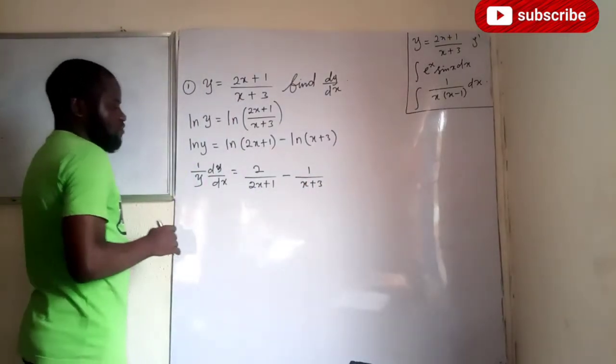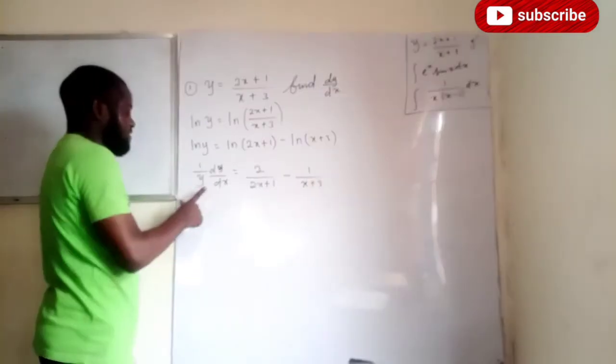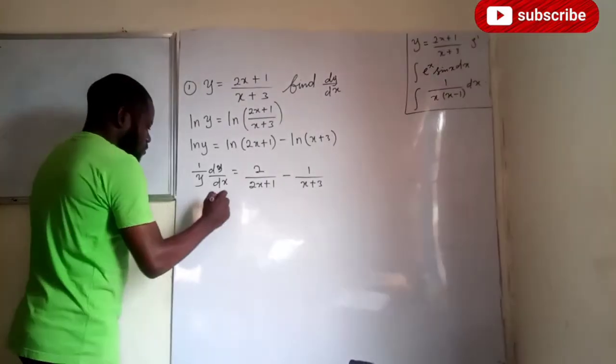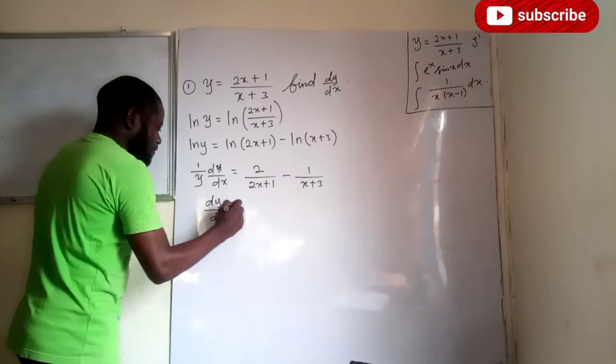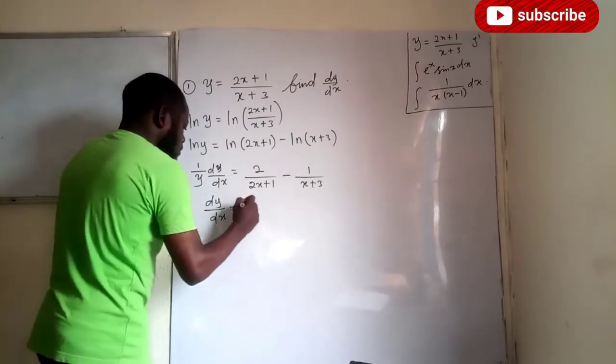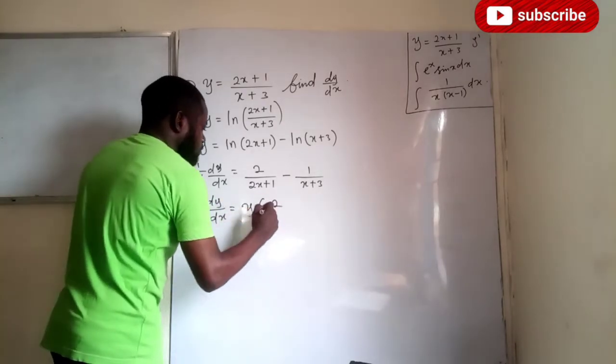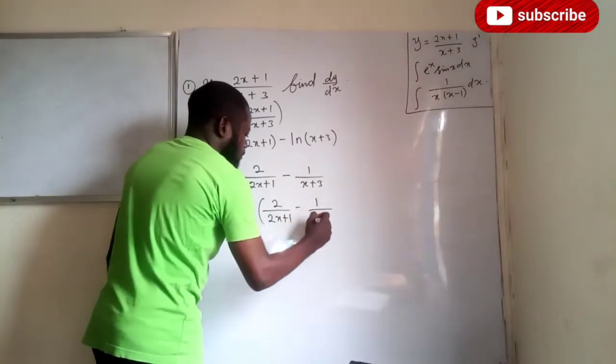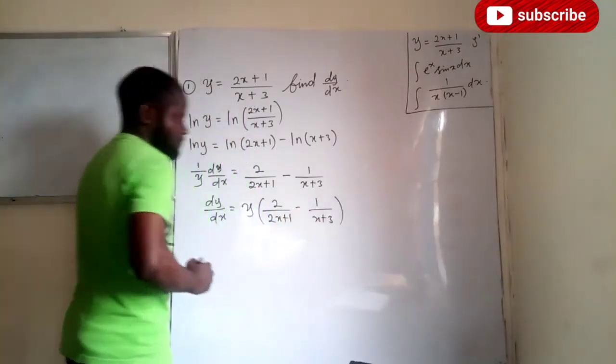So what I need to do next to arrive at my final answer is to multiply both sides by y. Therefore, dy/dx equals y times (2 over (2x+1) minus 1 over (x+3)).